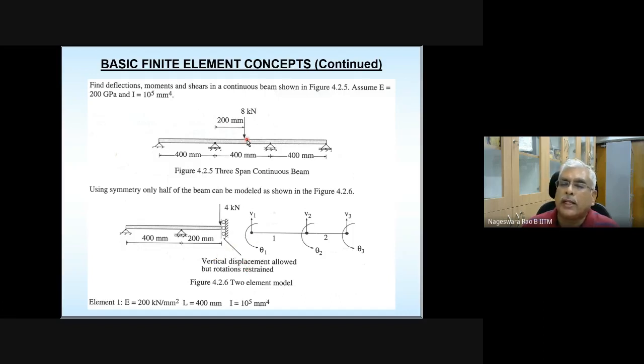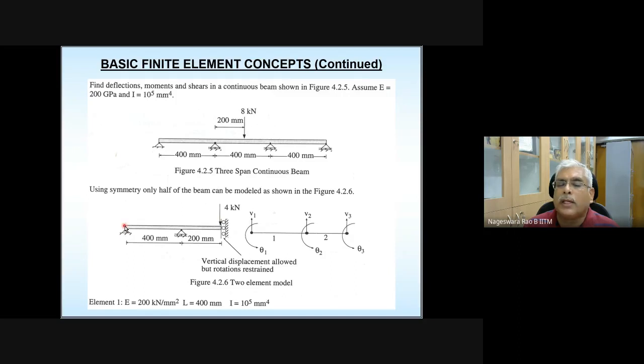There is going to be vertical or transverse displacement, but rotation is going to be 0. If your structural analysis background is weak and you are not sure about it, you better not take this risk. Solve the entire problem. Otherwise, if you are very clear about it, then you take the reduced problem.